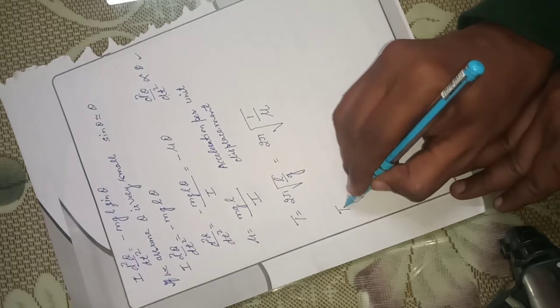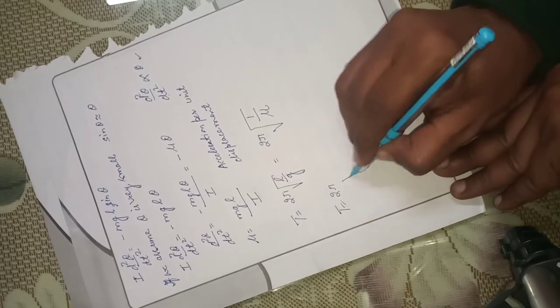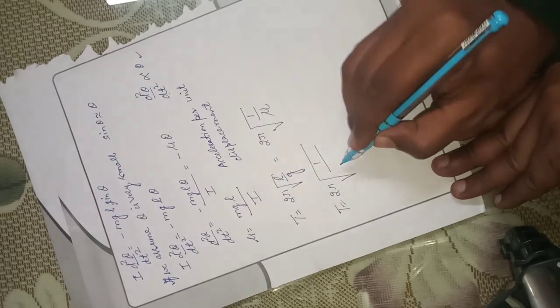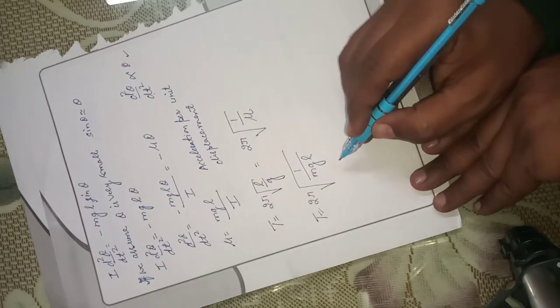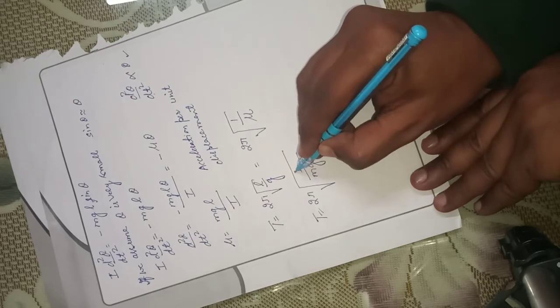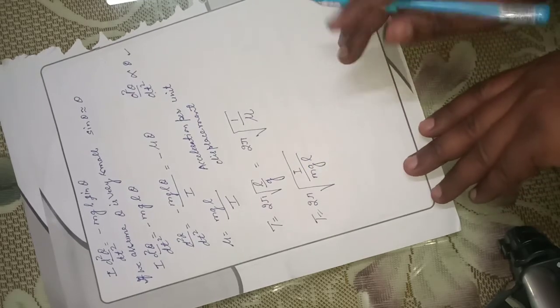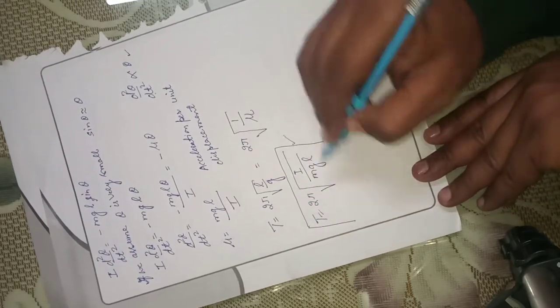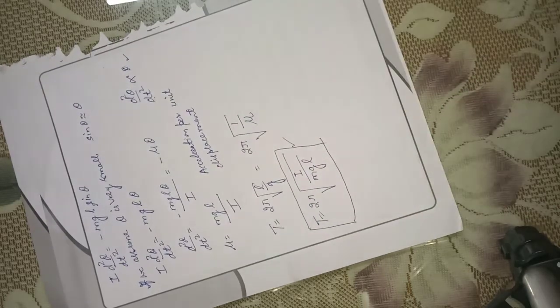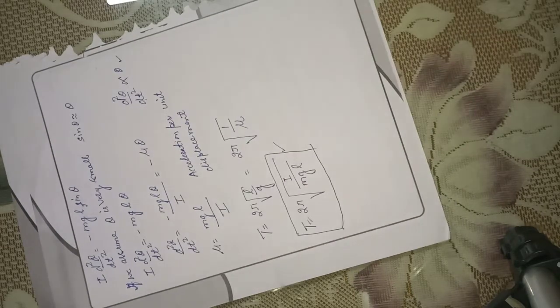If we put the value of mu from here, it comes out to be 2 pi root of I by mgL, with I coming upward. This will be the first formula of the time period of the compound pendulum.